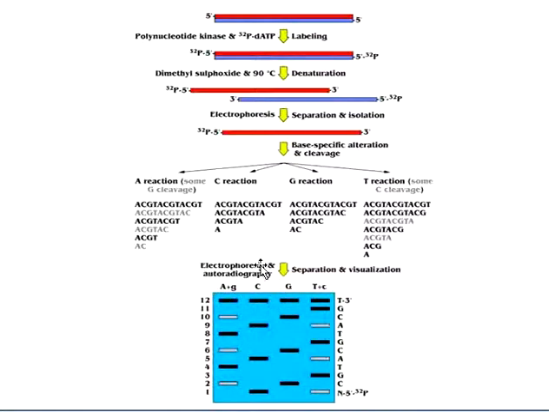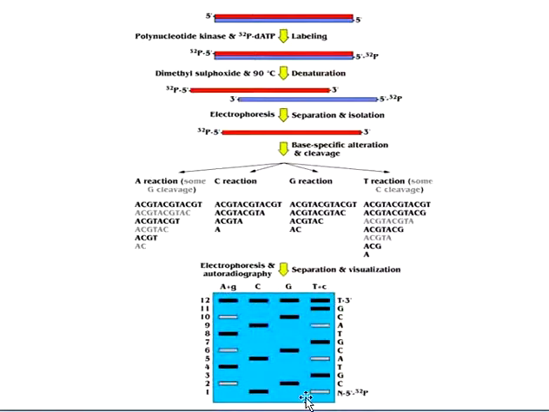Autoradiography is used here to detect the DNA bands. The base-pair sequence of the DNA is determined by reading the band sizes from the bottom to the top of the gel, correlating with the corresponding reaction-specific cleavage.